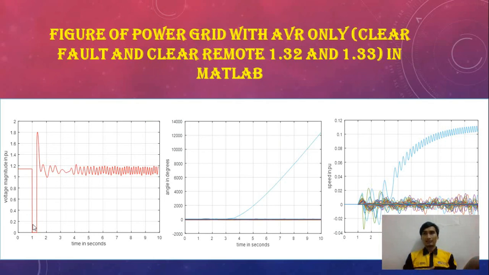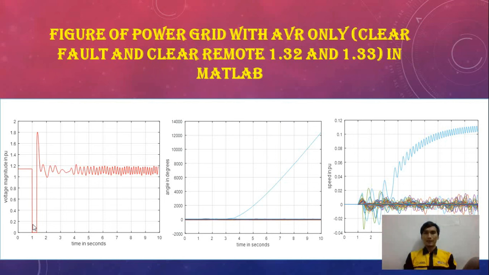However, AVR is capable of maintaining the speed of the generator to clear the fault, but it consumes plenty of time.